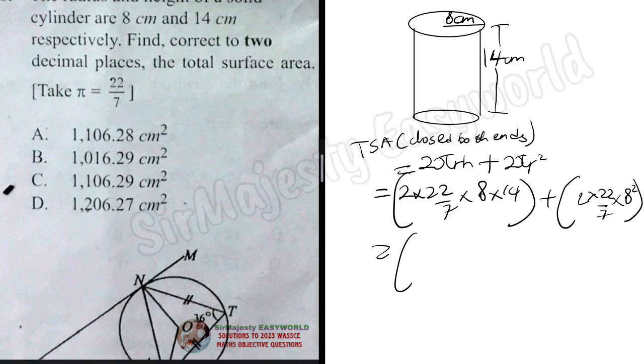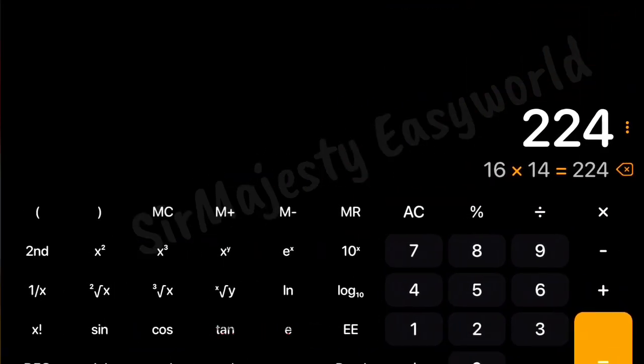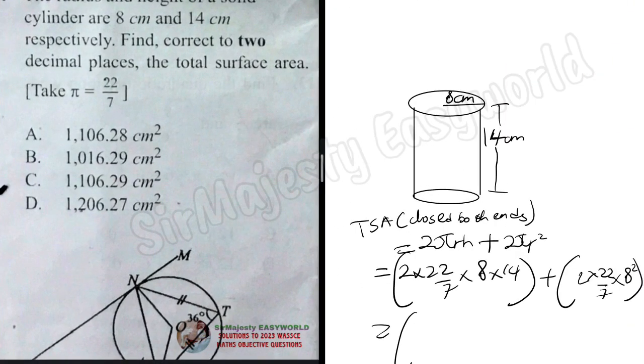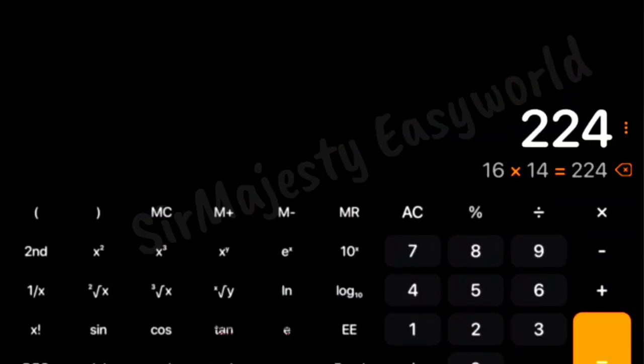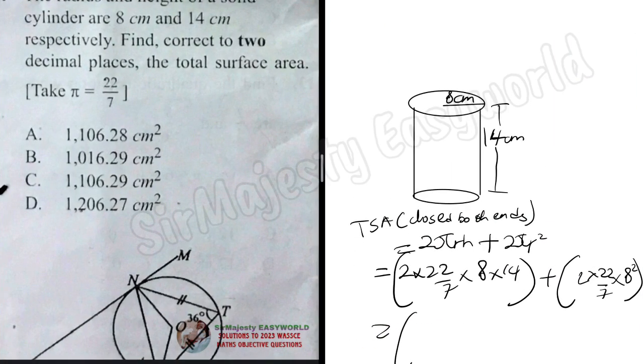So this will be 2 times 8, 16, multiplied by 14. So this gives us 224. Times 22 is 4928, plus this 2 times 22 times 64 over 7.